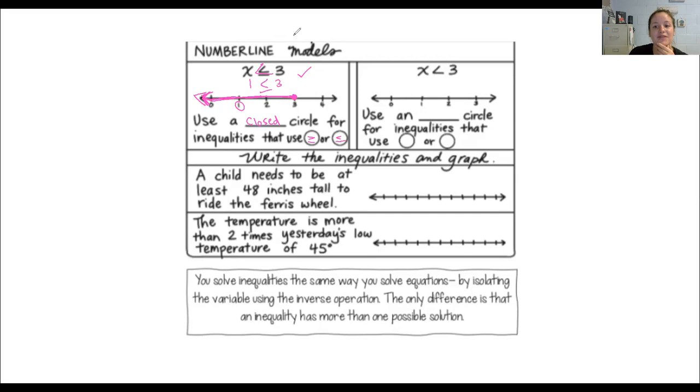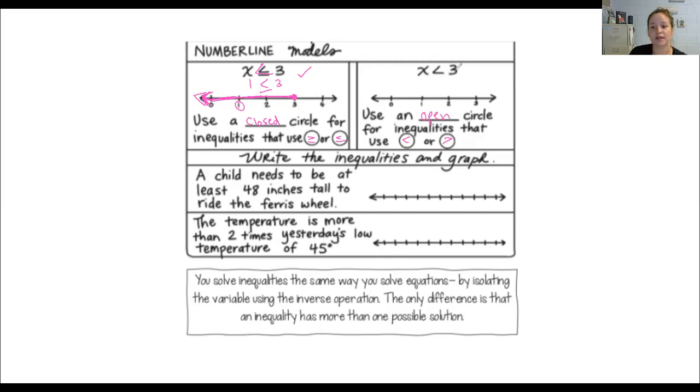All right, so now that we've done that, let's do one without the equal to on it. So this is x is less than 3. Use an open circle for inequalities that use less than or greater than. What's the difference between the ones we were using before and this one? That line underneath it. These two do not have the lines. Since they don't have the lines, when we go to graph it, we are going to use an open circle.